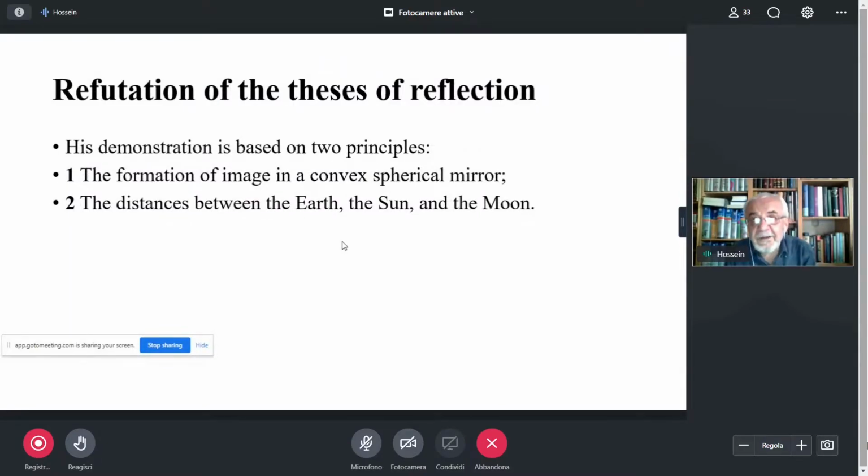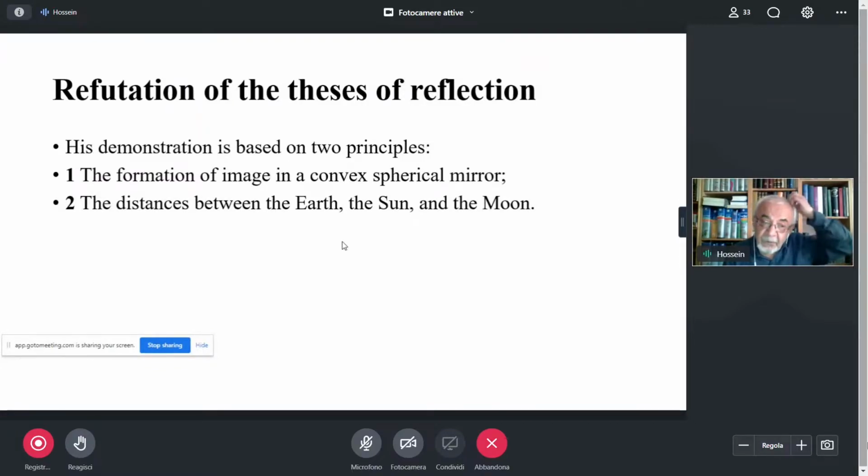In the second part of his treatise, Ibn al-Haytham tries to demonstrate, and in fact demonstrates, that the moon is not a convex spherical mirror, that it does not reflect the light received from the sun in the technical sense of the word reflection.